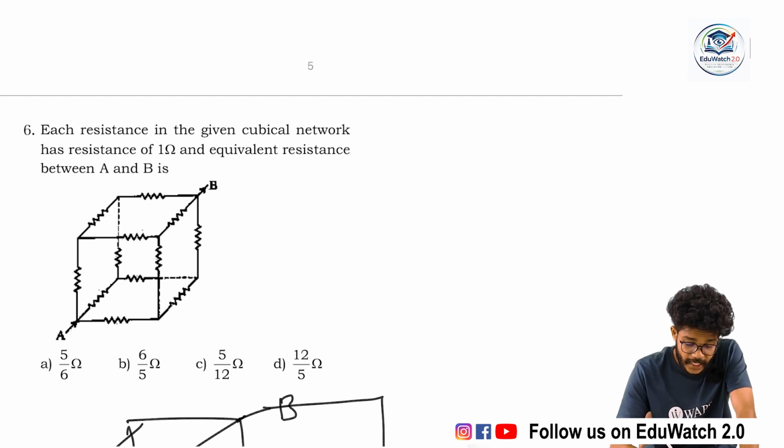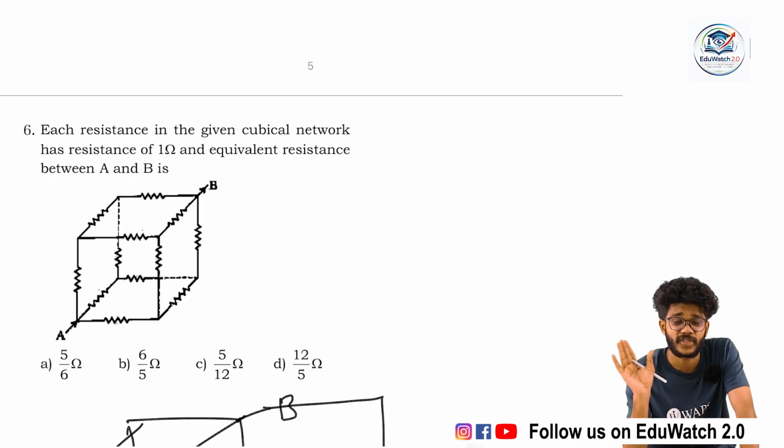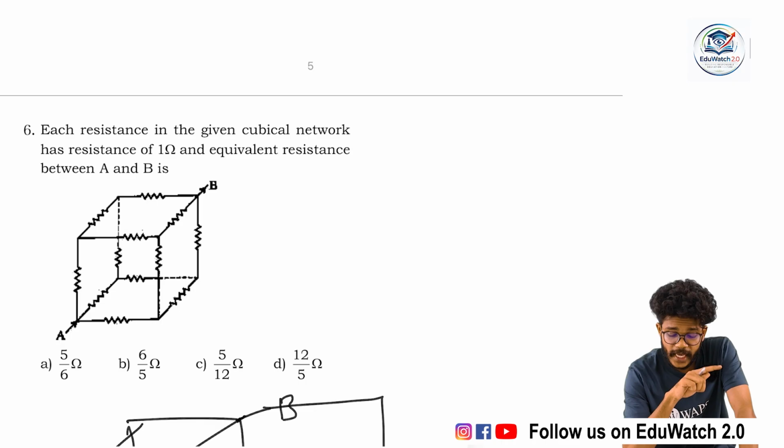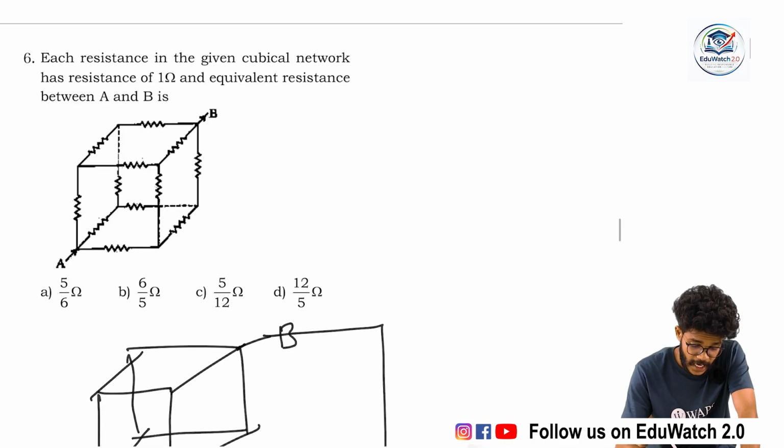So I through here, I through here, I through here, because all branches are equally connected, and each resistor has 1 ohm of resistance. So each branch has equal current drop. So I am writing I through here, I through here and I through here.